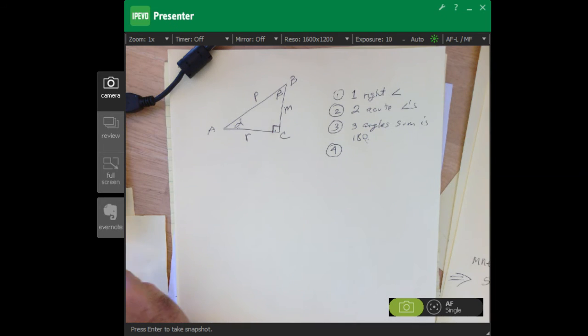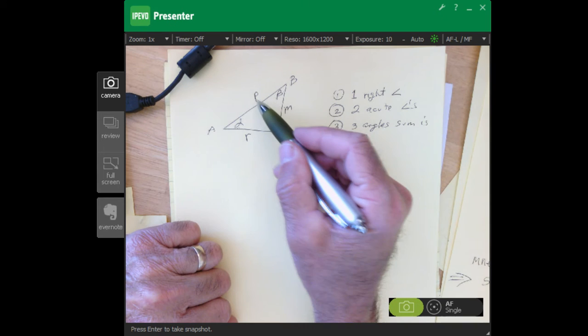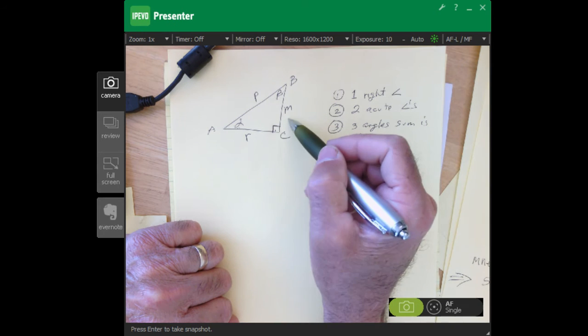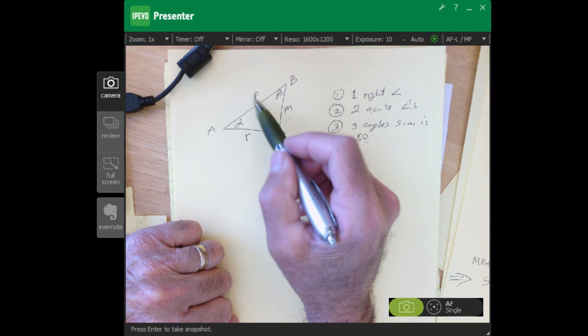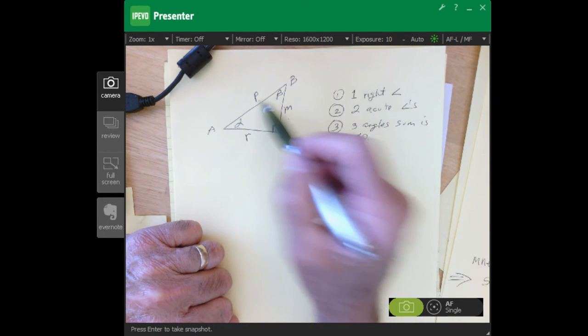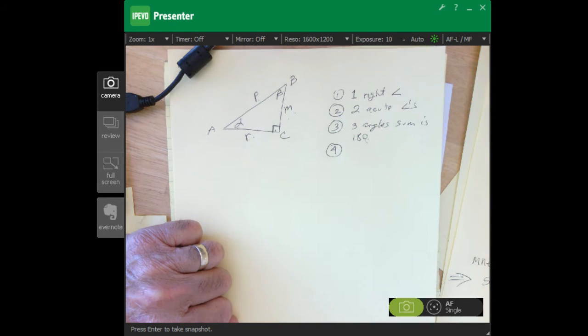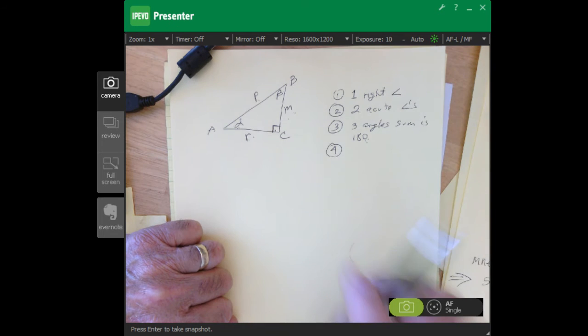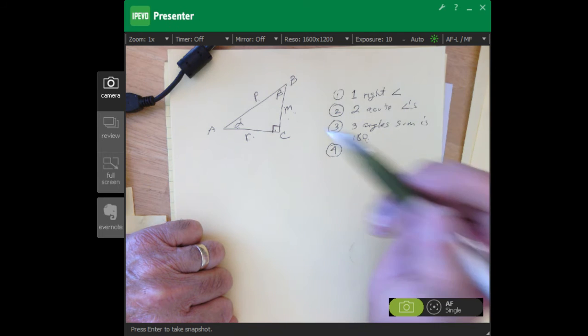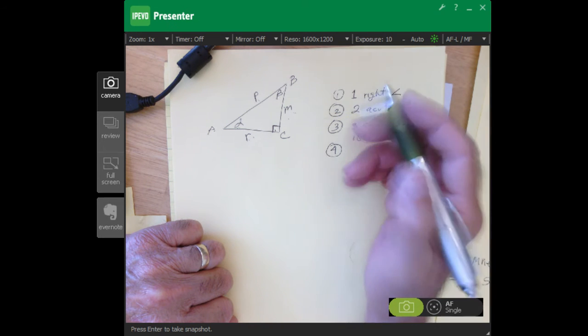Now, as far as identifying the sides, you can identify them with just the letters, but we'll need to keep track of the letters to identify which side it is in the problems. It's going to be extremely important when we get to the actual trig ratios to be able to identify the opposite, the adjacent, and the hypotenuse.